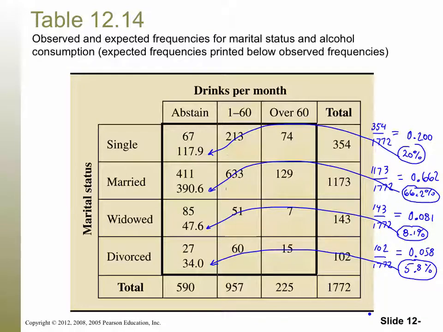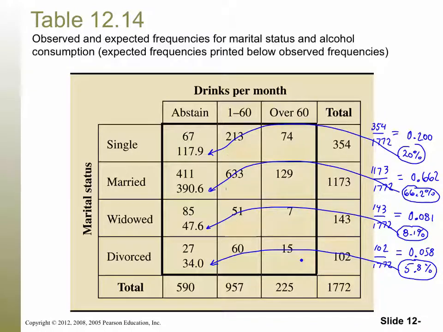Okay, and then we would do the same thing with every column, right? The second value in each box is what we'd expect if they weren't associated, if they weren't dependent: these exact same percentages in each of these drinks categories. Then there'd be no association.